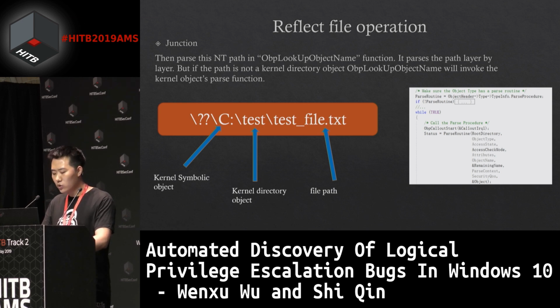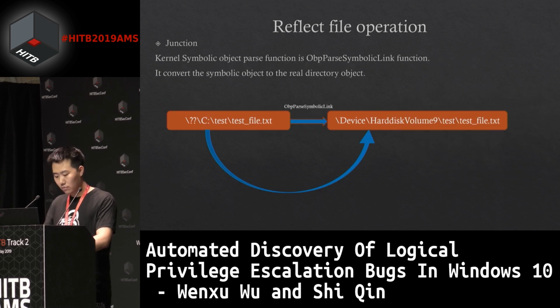Note that kernel symbolic link objects and NTFS symbolic links are two completely different things. Because C: is a kernel symbolic link object, ObpLookupObjectName will call its parse function. The parse method of the Windows kernel symbolic link object is the ObpParseSymbolicLink function. It converts the symbolic link object to the real directory object.